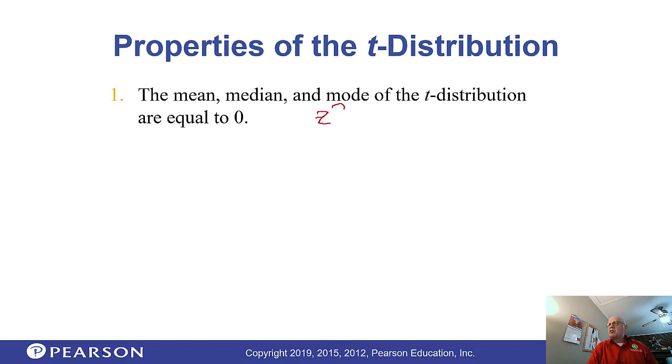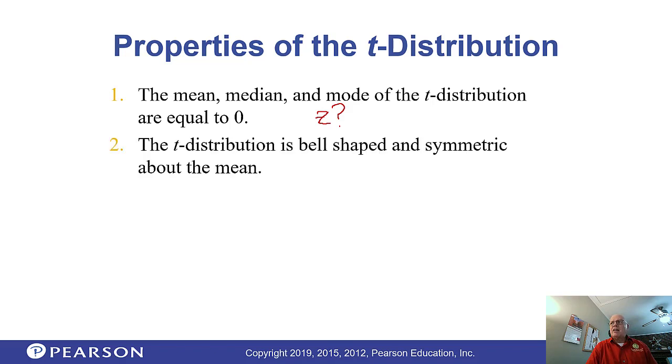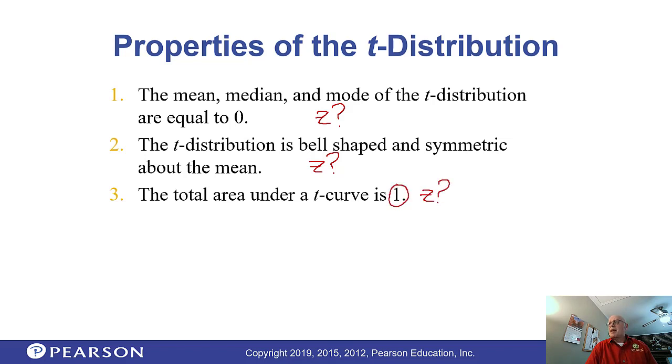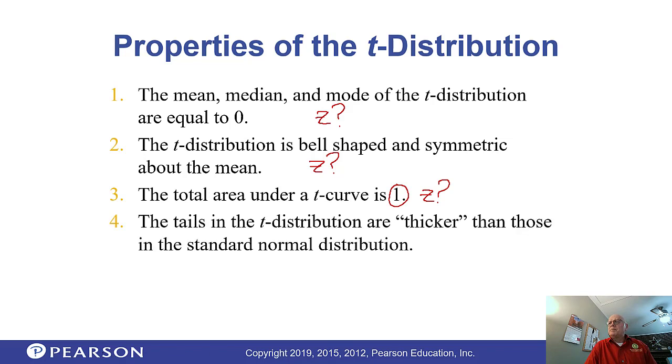So your question to yourself is, you don't want to ask it and look silly, right? Z? Isn't that the same thing? Well, t distribution, you're still thinking, why isn't that the z? It sounds the same. Next, the area under the curve is 1. You sure that isn't the z distribution?